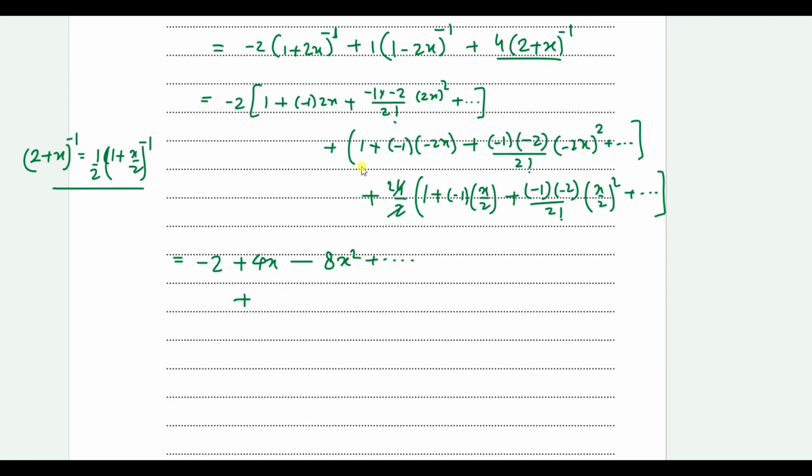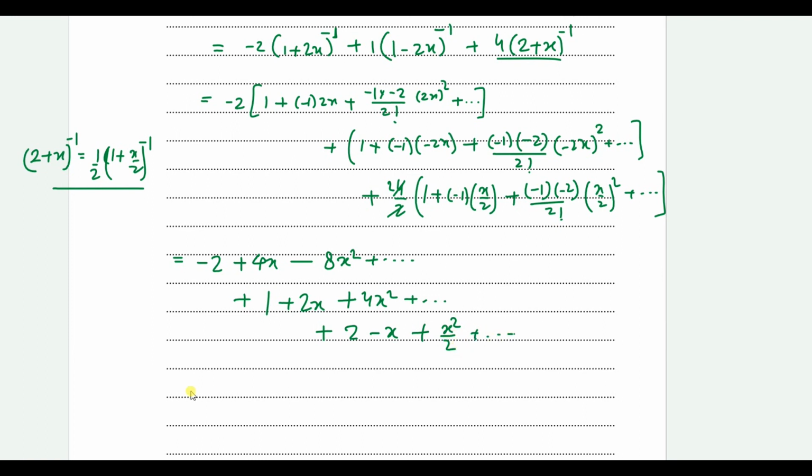Plus from here it is 1 plus 2x, this 2 will be cancelled, so plus 1 and plus 4 from here, so it is 4x square and so on, we don't write it. Next is 2 into 1 is 2, 2 into this it is minus x, 2 cancel, minus minus plus 1 into 2, and this will be x square by 4, so it becomes x square by 2 and so on.